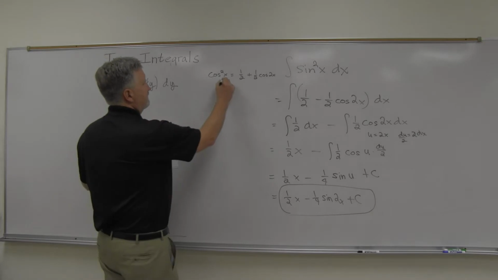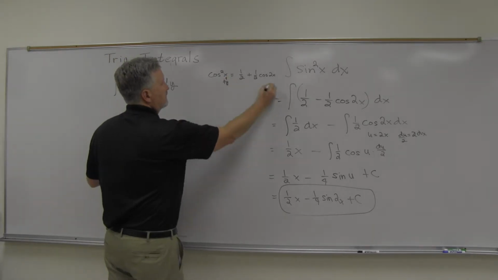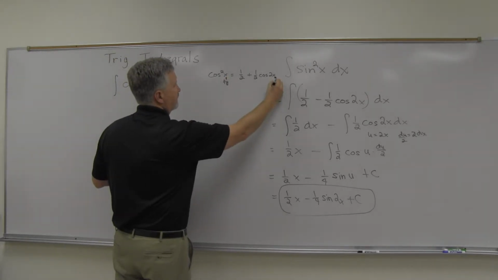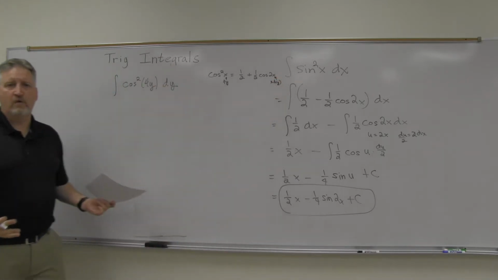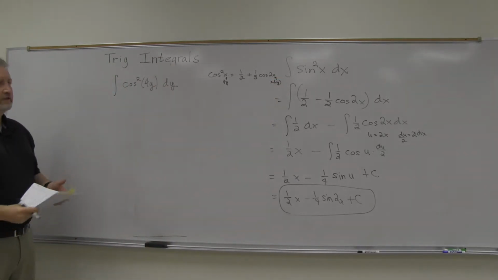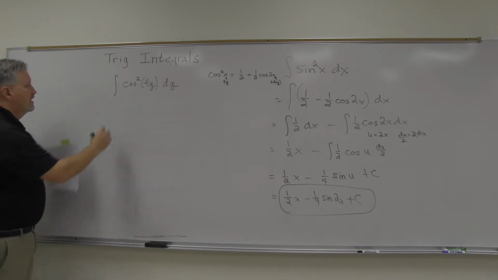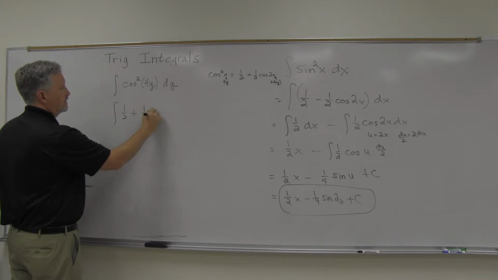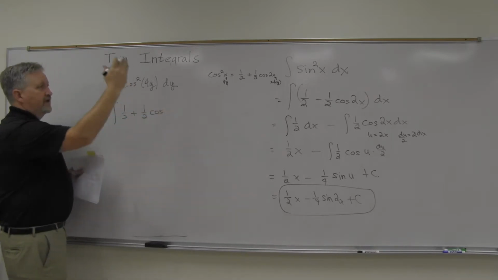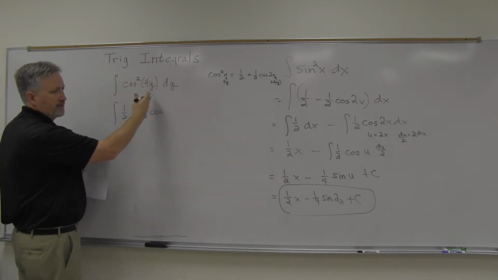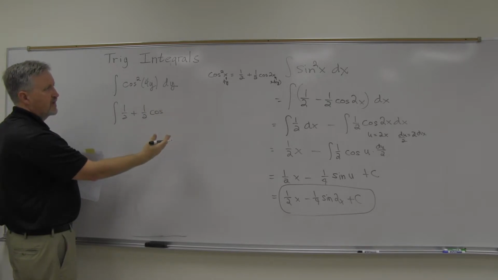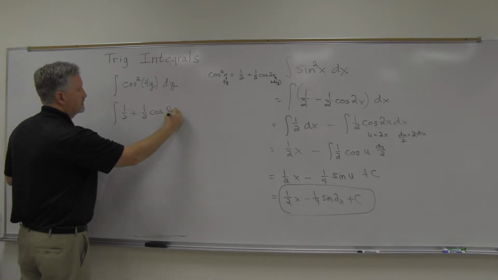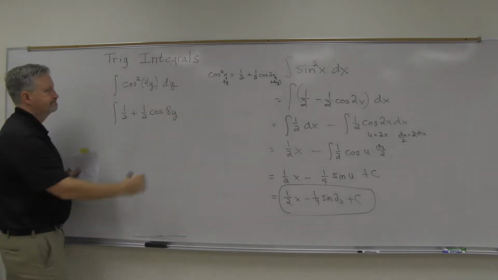Instead of x, I've got 4y here, so if x is 4y, then 2x is 2 times 4, that's going to be 8y. So we'll have the integral of 1/2 plus 1/2 cosine of 8y.